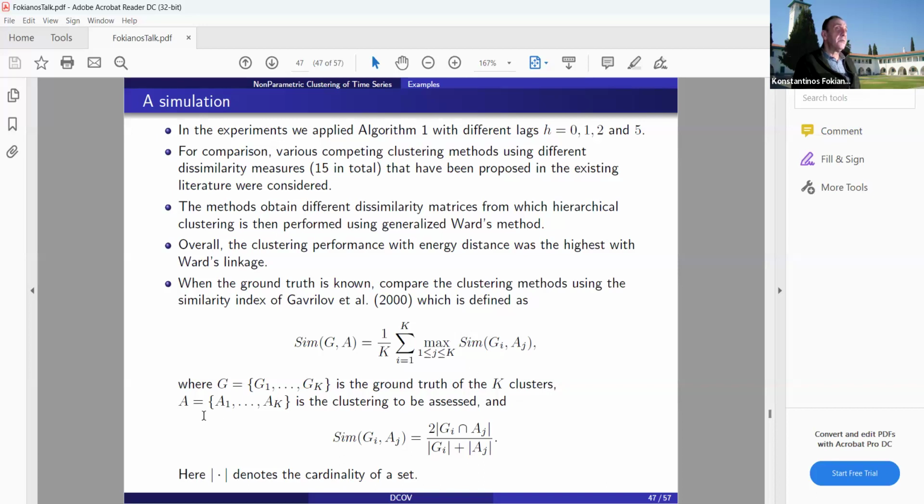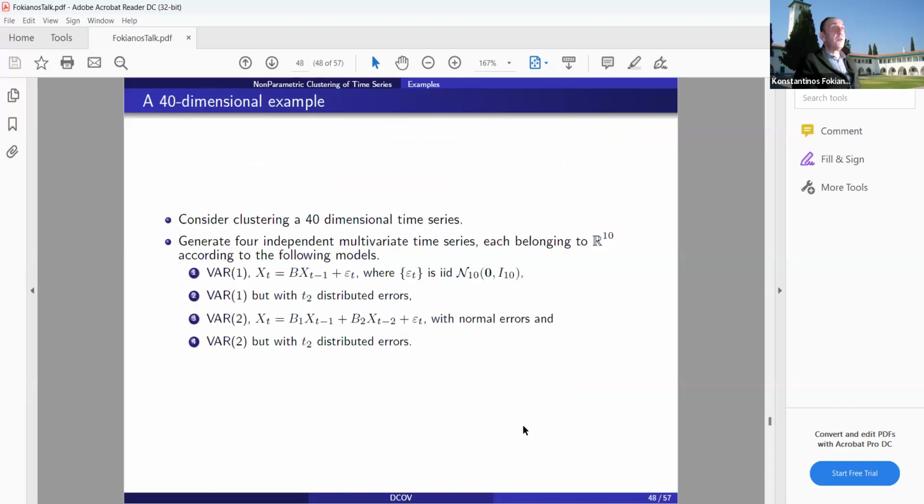The bar here denotes the cardinality of the set. So this is a measure to assess your simulation against the ground truth. We have a 40-dimensional time series, and we consider 4 independent multivariate time series, each of them 10-dimensional.